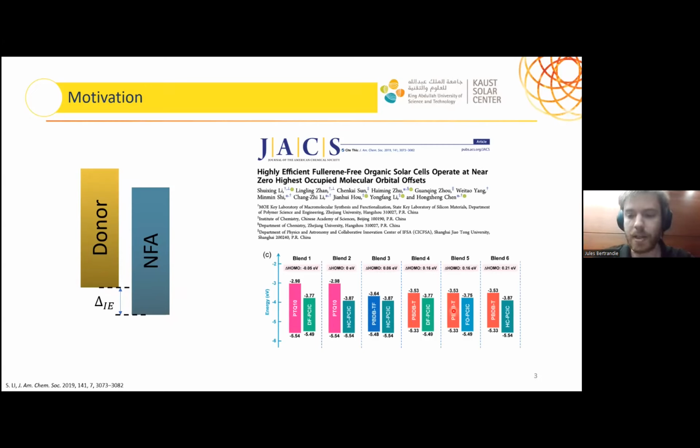So here we can see that even for those blends, we have good charge generation, even if the offset can be even negative. This is probably because of uncertainties, but anyway, we have very low offsets, but we still have good charge generation.